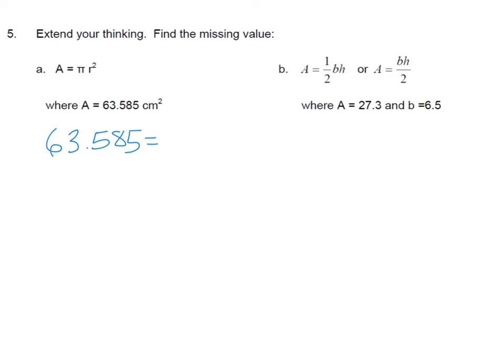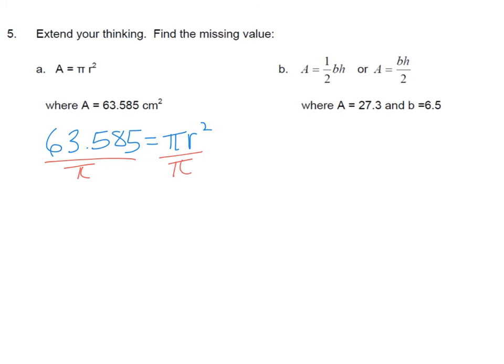equals pi r squared. So to do this, we can see that pi is being multiplied by r squared. So what we can do to begin isolating r is divide both sides by pi. So we'll do that.